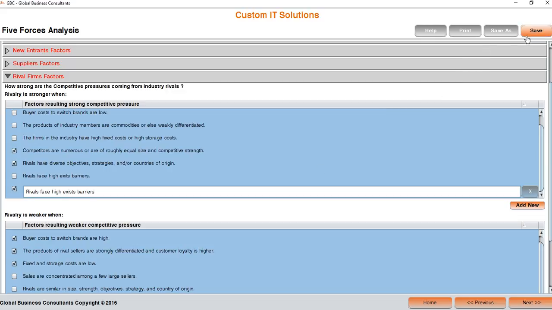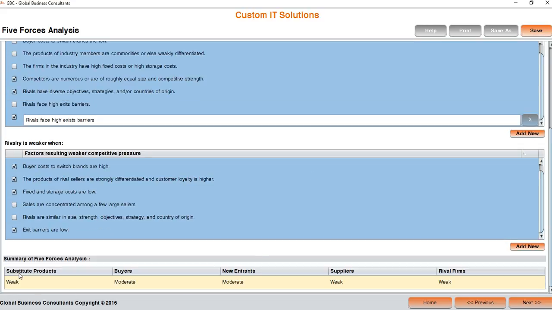You see it's ticked. The next thing to do is just scroll to the bottom and you can see the analysis: substitute products are weak, buyers are moderate, entrants are moderate, suppliers are weak, rival firms. So the biggest threats to us at the moment are from buyers and the threat of new entrants, which again are moderate, so manageable.